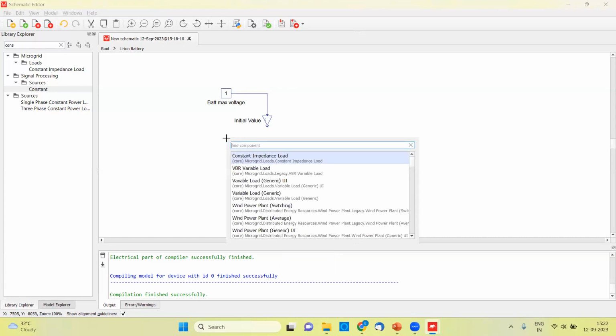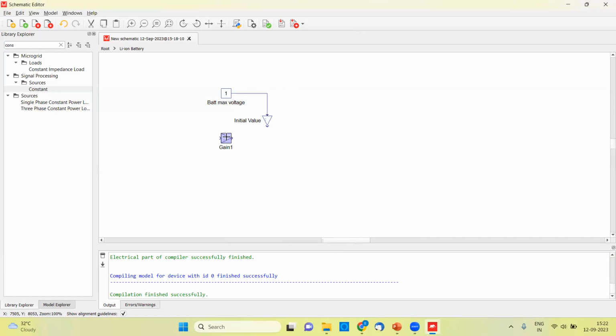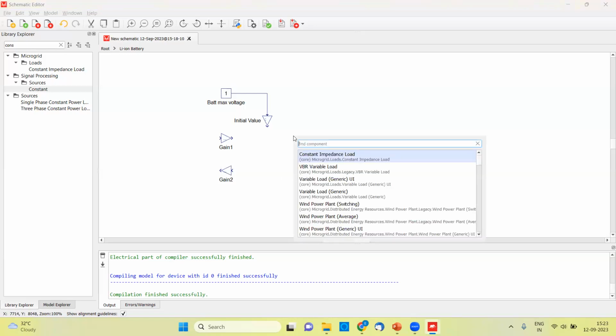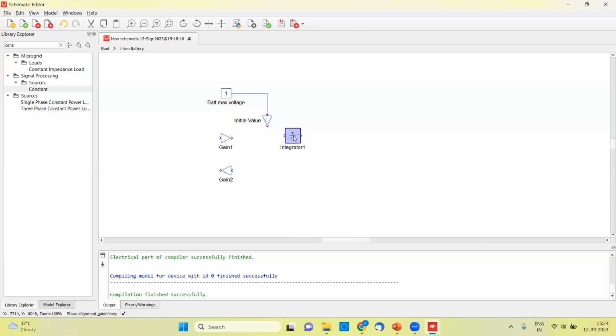Again, I'm going to use two more gain blocks, and an integrator over here. So let me connect these components.